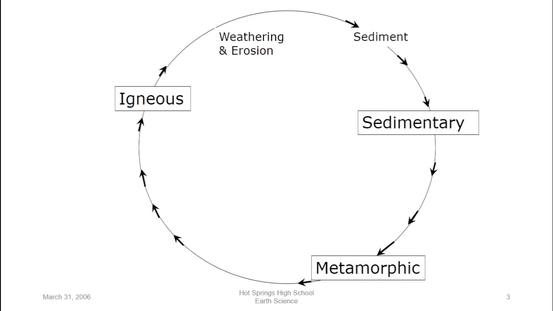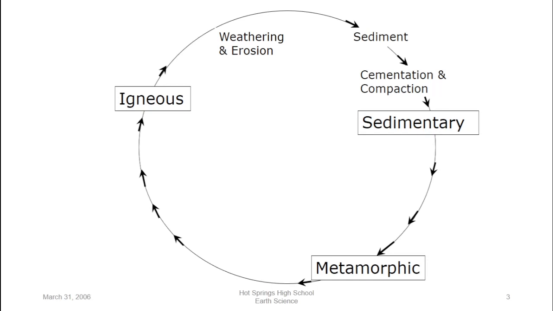Igneous rock gets exposed to the weather, whether it's physical or chemical, it doesn't matter. We're just talking about weathering and erosion, and it turns to sediment. To get from sediment to sedimentary rock, the processes are cementation and compaction. Remember, those are part of lithification, and that's what forms a sedimentary rock.